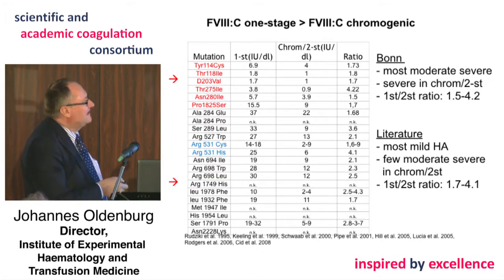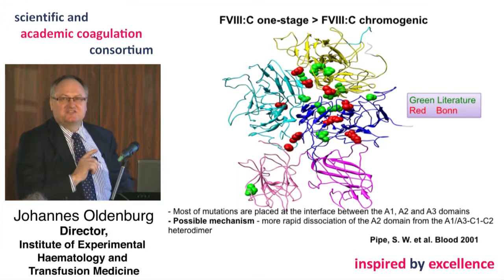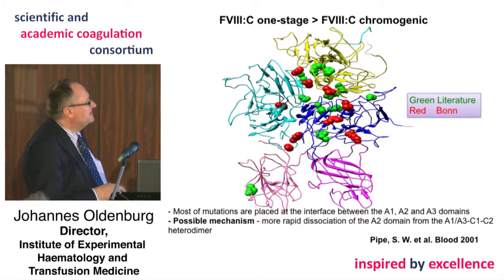These are the 109 patients from our center, where we identified 28 different mutations, some with a higher activity in the one-stage assay than the chromogenic assay, and other mutations with a lower factor VIII activity in the one-stage assay than in the chromogenic assay. And this is a list of those with a higher value in the one-stage assay, and I just would like to point to two patients.